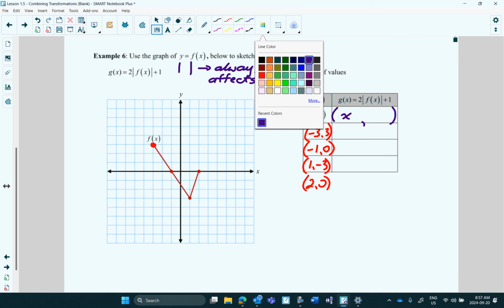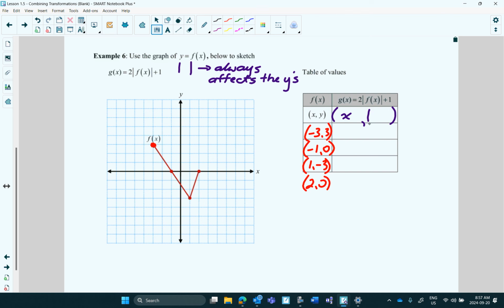What we're going to do is we're going to take the absolute value of y, because that's what we always do, absolute value first when you see it. Then we're going to multiply it by 2. And then we're going to shift all the y's up 1. So we add 1 to the y's. Okay. But don't do the absolute value of 2y. Take the absolute value first, then multiply by 2.